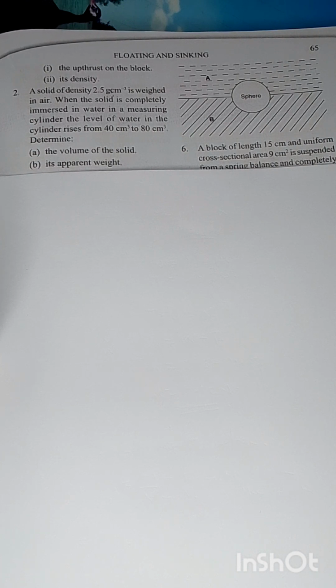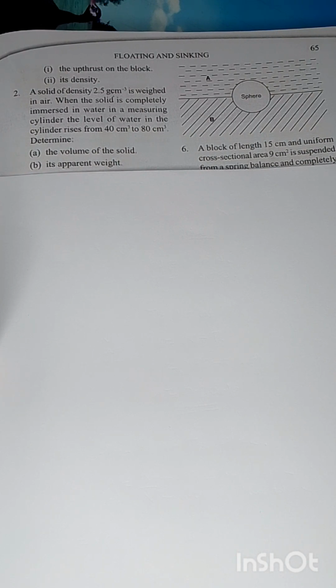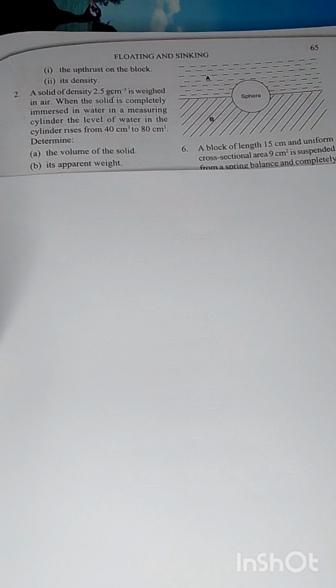Determine A, the volume of the solid, and B, its apparent weight. Okay, learners, we have a solid here whose density is known, and the solid is immersed in a measuring cylinder that initially had water at a level of 40 cubic centimeters, and upon immersing this solid, the level of water rose from 40 to 80 cubic centimeters. The first question is to determine the volume of the solid.